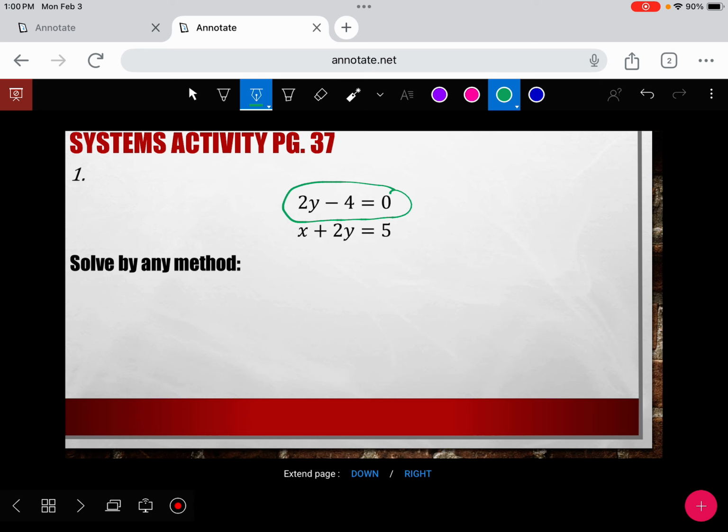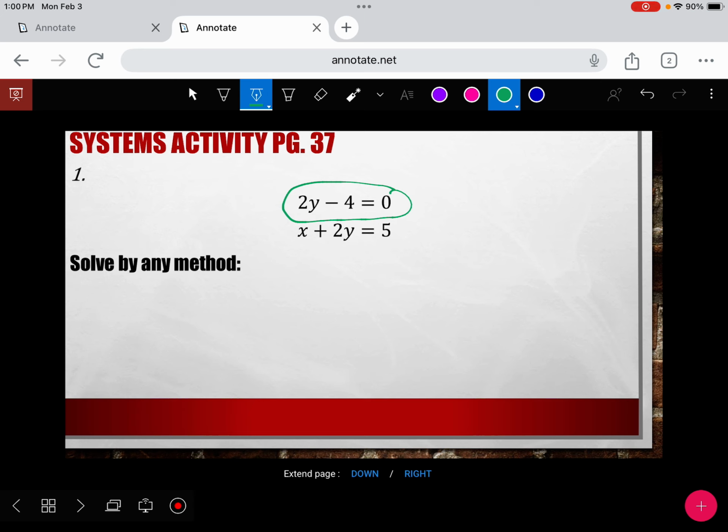So if I take my 2y minus 4 and we want to get that to be a y equals, we're going to add 4 to both sides. That gives us 2y equals 4.